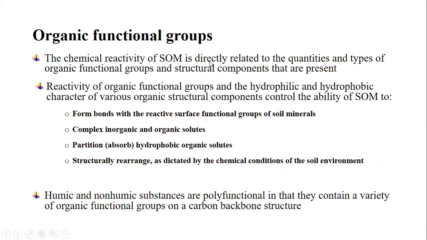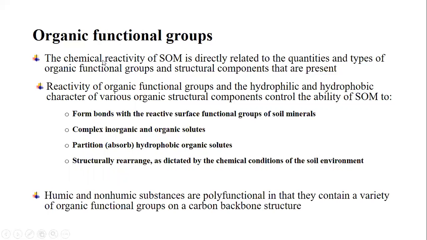Okay, some of the most important characteristics of the organic material that make it so important is its functional groups, the organic functional groups that are found in the soil organic matter. The chemical reactivity of soil organic matter is directly related to the quantities and types of organic functional groups and structural components that are present.